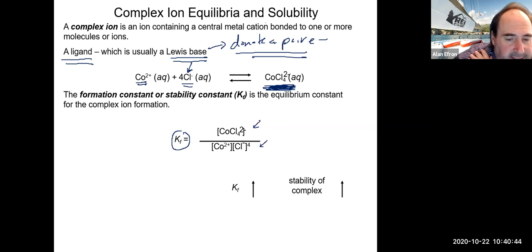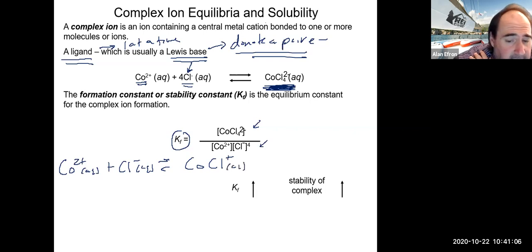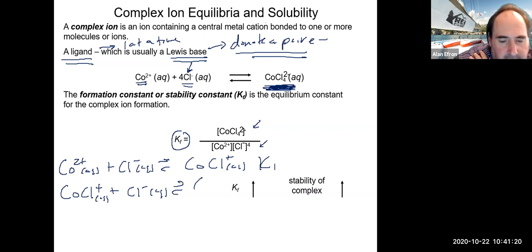By the way, these ligands do come on basically one at a time. So in the case of this guy, the cobalt would take on 1 chloride first and make CoCl plus. And by the way, this would have a K value associated with it. Then this guy here would pick up another Cl minus and make CoCl2.